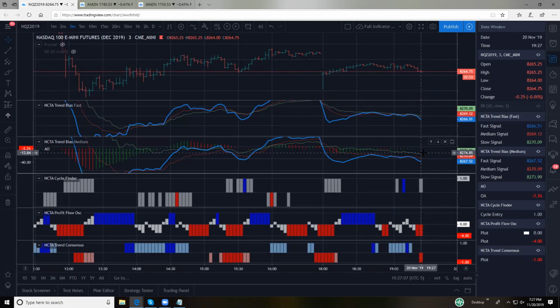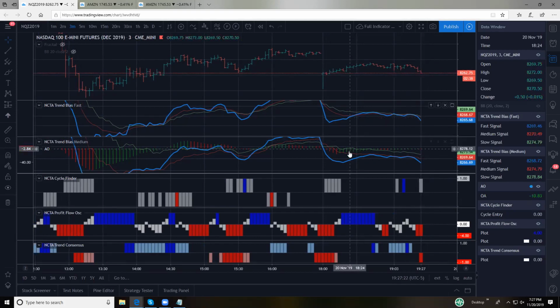It's just so flat and so tight, but I know that it's red over here, and you can easily see that in your peripheral vision. So that's a method A entry. It is the alignment of both trend bias and the AO. It is so simple to spot, and it can be extremely profitable.